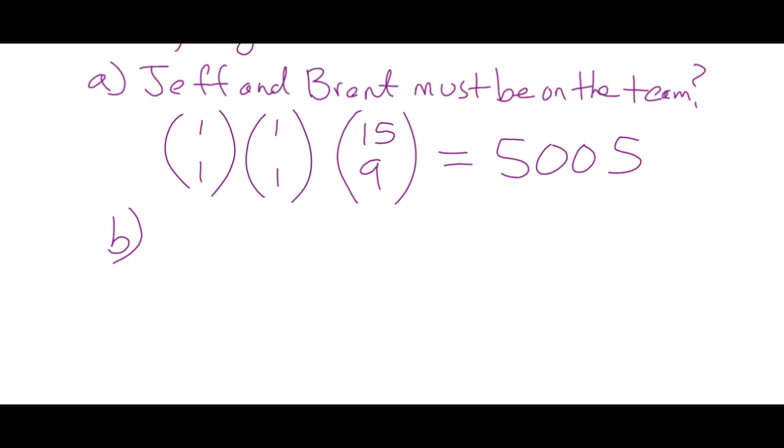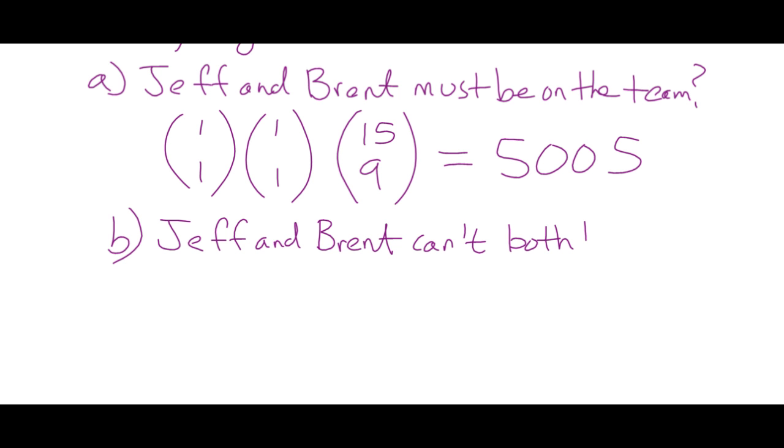What if Jeff and Brent can't both be selected? So that, you can select one of them or? Well, you tell me. So we need to do a case analysis, right?